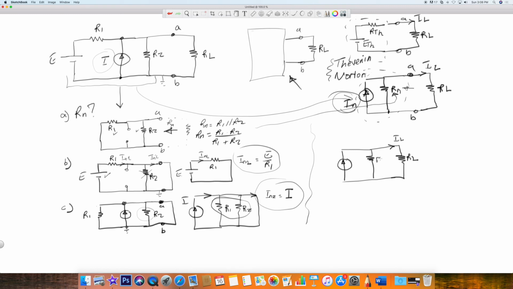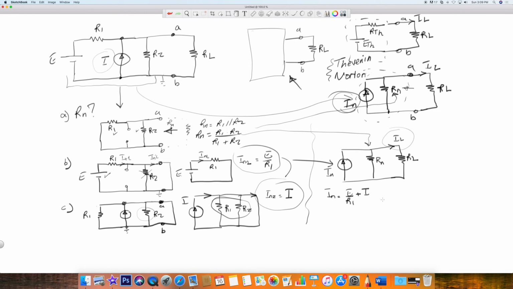Now remember, this is Rn. We already figured that out. Okay, so that's that value right there. This one here will be the sum of these two right here. So this IN will be E over R1 plus I. Okay, so what would be IL?